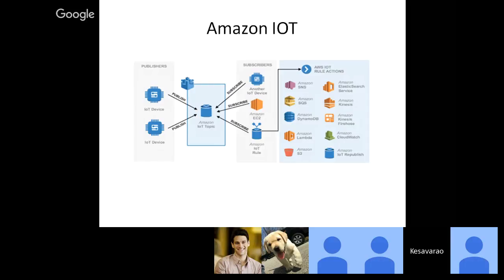Okay, and those actions could be anything, right? Sending a short message, sending into a queue, directly writing data into DynamoDB, triggering a Lambda function, writing into Amazon S3, sending the data into the Elasticsearch service, or Amazon Kinesis, or Firehose, CloudWatch, IoT republish, whatever it could be. So there are so many ways you could leverage that.